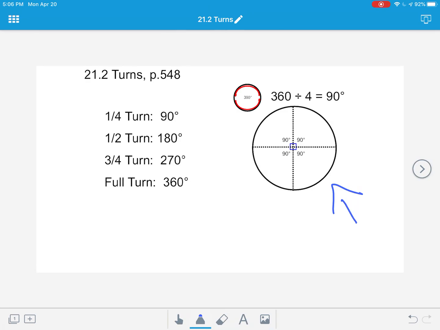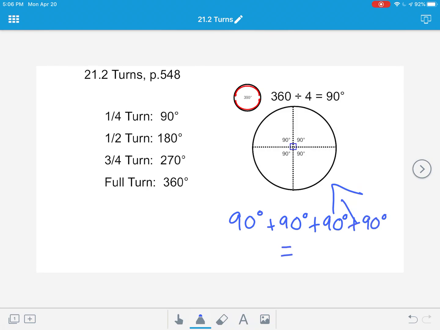If I split a circle in half, and then in half again, I end up with 4 pieces of the circle, and where they all meet, 90-degree angles or right angles are formed. Right angles measure 90 degrees. You can see here that these 4 pieces is the same thing as saying 90 degrees plus 90 degrees plus 90 degrees plus 90 degrees.